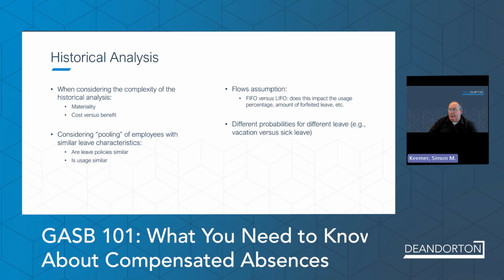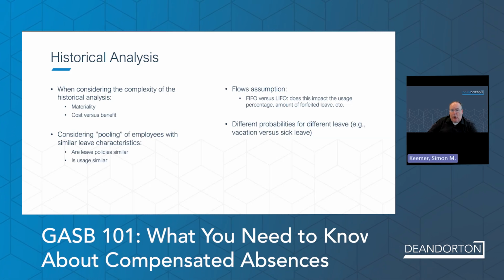And consider if you've got any administrative policies that actually impact that. So do you specifically state in your administrative policies that any leave that's taken is considered to be the most recently earned leave, or is it the longest earned leave? Because that can obviously impact usage percentage and amount of forfeited leave. So just consider that. Is there any FIFO or LIFO analysis you need to be considering?